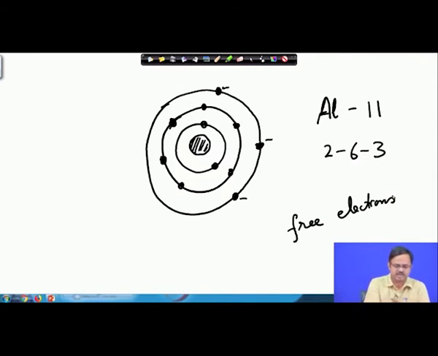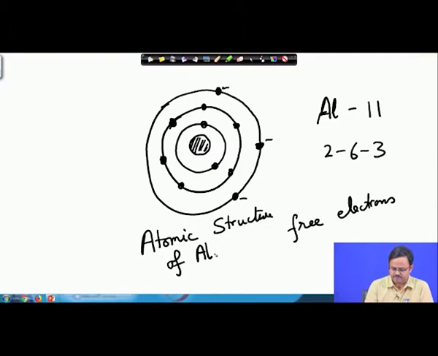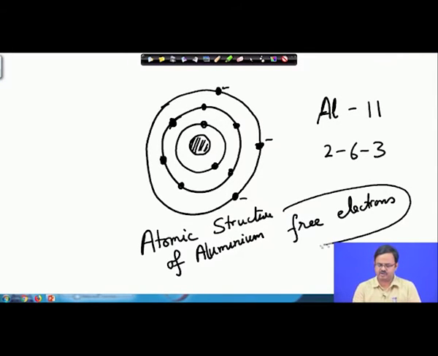So, this is the atomic structure of aluminum. And free electrons are the major ones that contribute to the conduction of electricity.